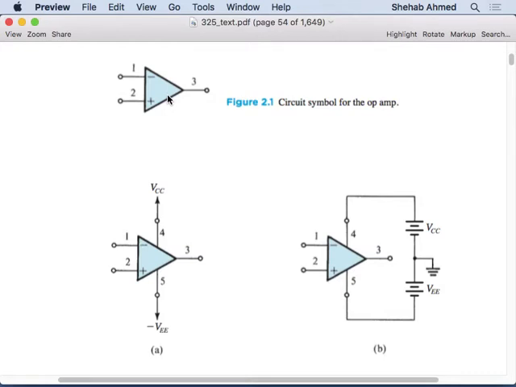Ideal meaning it's not affected by frequency, for example. So what is the bandwidth of an ideal amplifier? It's infinite. It can take a signal of any frequency, and it can produce an output of any frequency. That's the ideal amplifier.